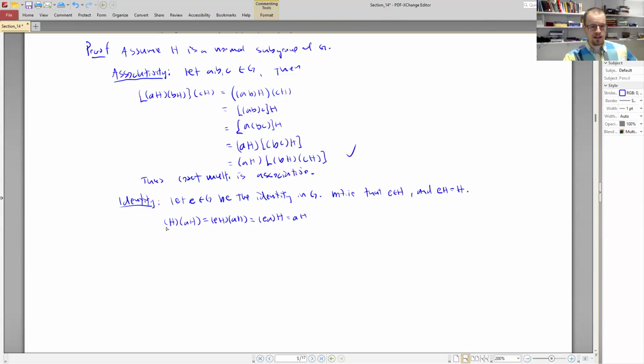So I have taken this thing and gotten AH back, and that's no problem at all. But what I'd like to do is recognize that I can multiply on either side. So I'm going to write this as A times EH, that's in parentheses, which is the same as AH times EH.